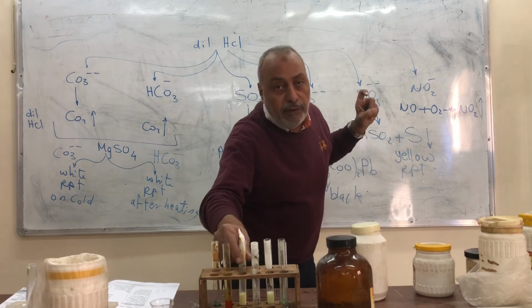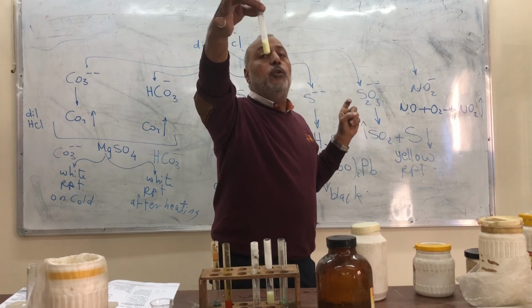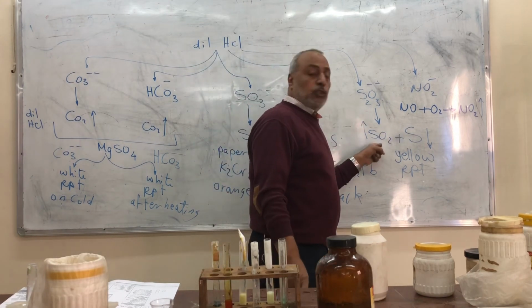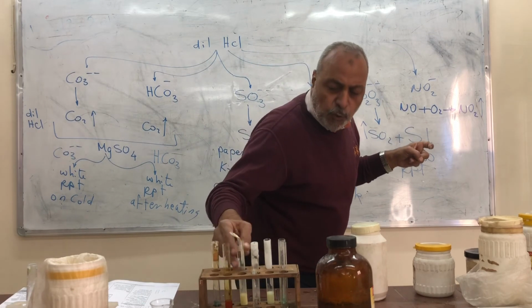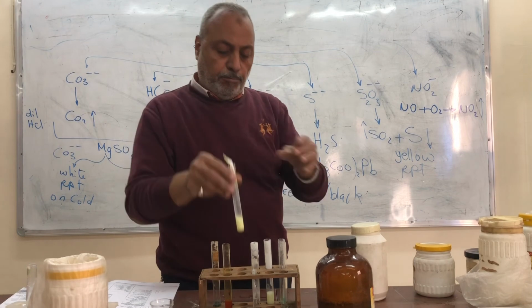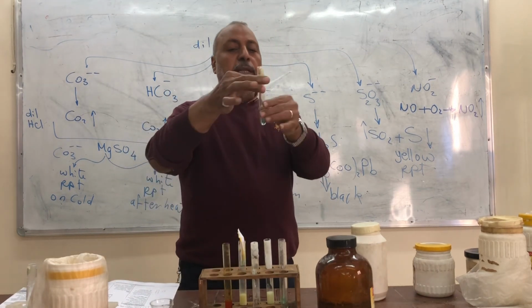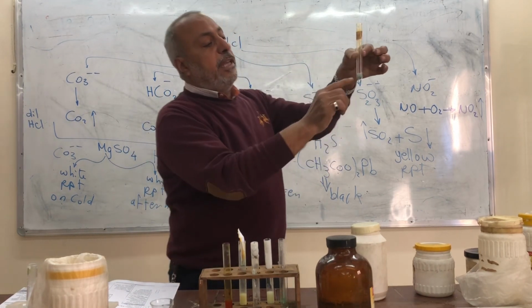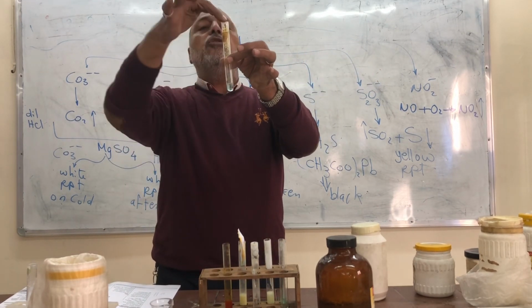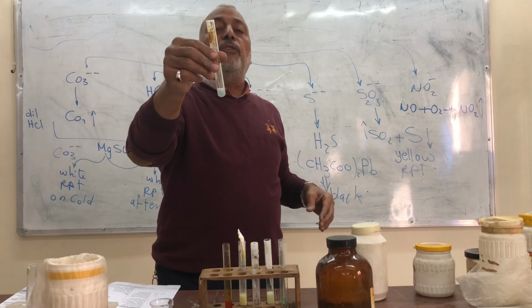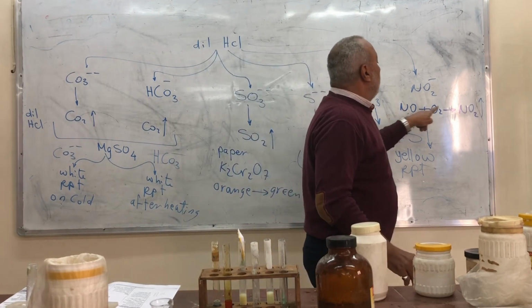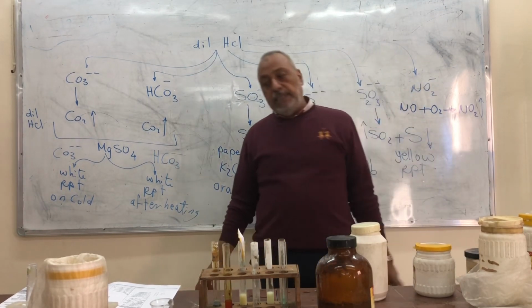Thiosulfate clearly forms a yellow precipitate due to suspension of the particles of sulfur, and SO2 gas is evolved, which changes paper from orange into green. The last one is nitrite. Nitrite produces NO gas. NO gas at the mouth of the tube forms brown fumes of NO2 due to combining NO plus O2 to produce NO2. This is the first group.